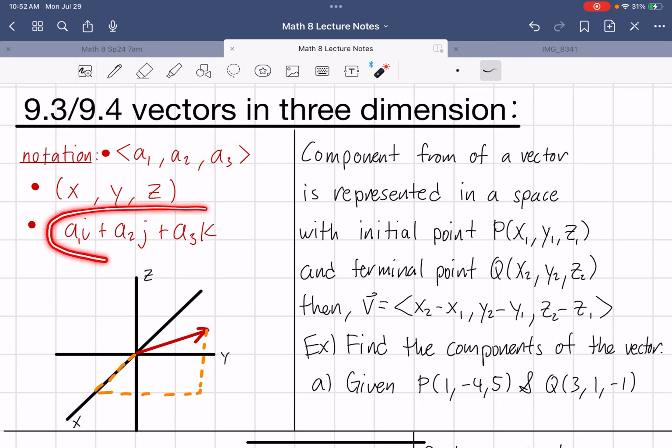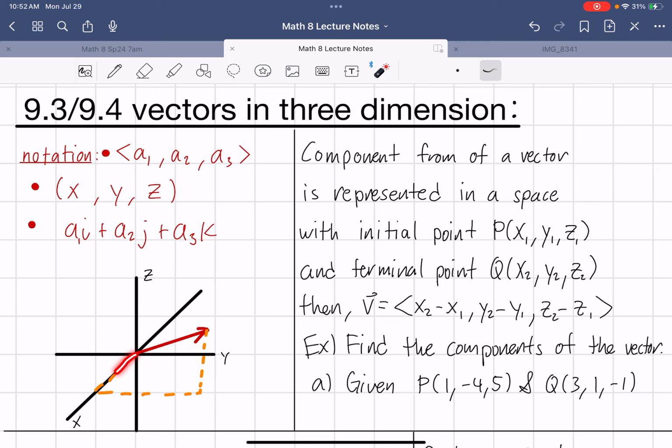And for this ijk notation, again, all that's happening is now we're just extending that geometrical interpretation to one more vector. So the initial point of k goes on the terminal point of j. The initial point of j goes on the terminal point of i.